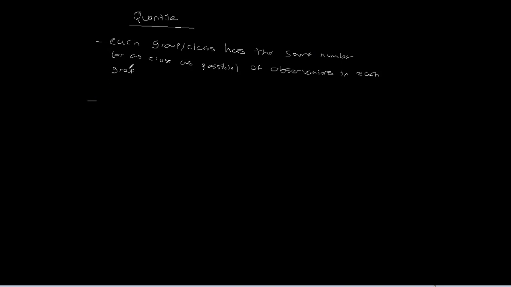So the way we calculate the breakpoints for quantile is going to be to take n divided by the number of classes. Right, and again, in this case, this n is the same thing we've always been using n to designate, and that's the number of observations.